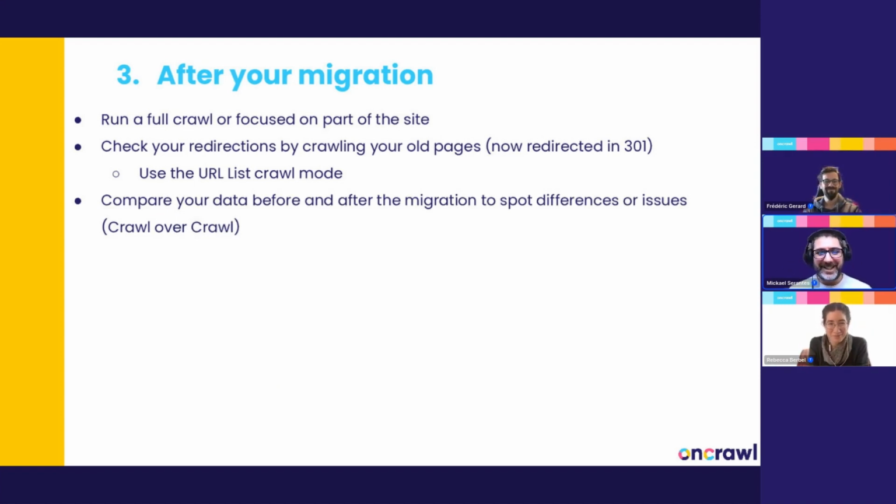And then, once again, you can compare the data before you run the migration and after the migration, because you run a crawl before, then you run a crawl after, and then you can compare and see if everything is okay, if you improved your internal structure, and so on.